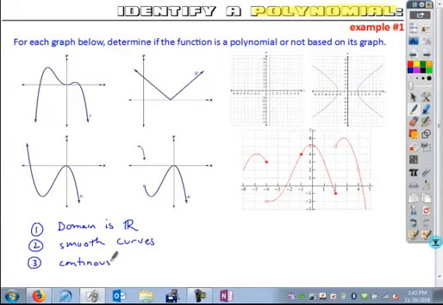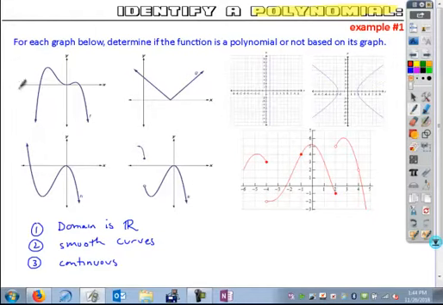What that means is there are no breaks in the graph. So if all three of these conditions are met, then you should be able to recognize the graph as a polynomial.